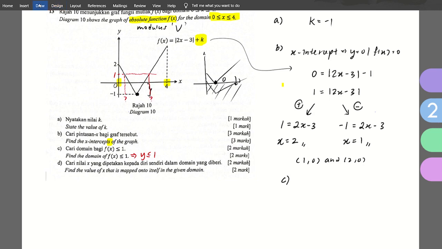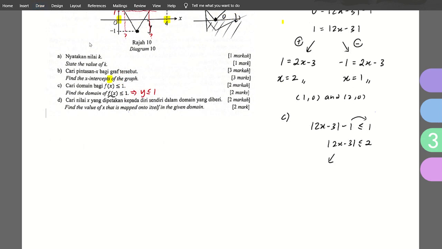In order to do so, we need to substitute the function f of x first. Then we split it like part B, into a positive case and a negative case. So 2x minus 3 is less than or equal to 2. This one is just to remove the modulus.